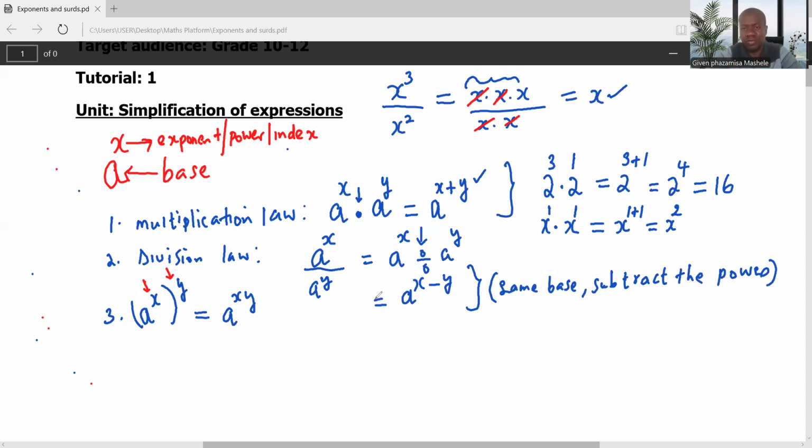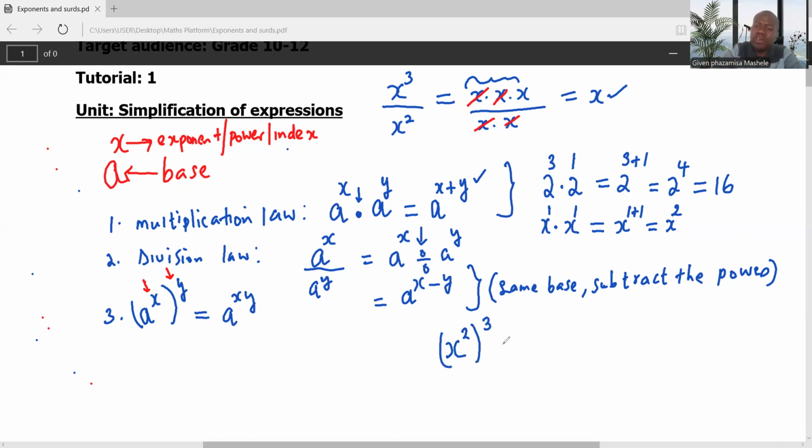Why is this true? Imagine we have this expression as an example: x to the power of 2, everything to the power of 3.